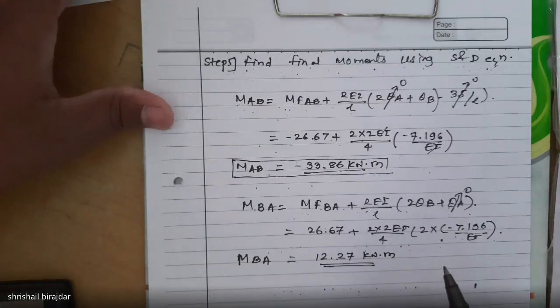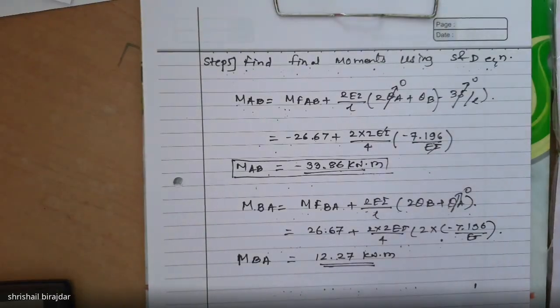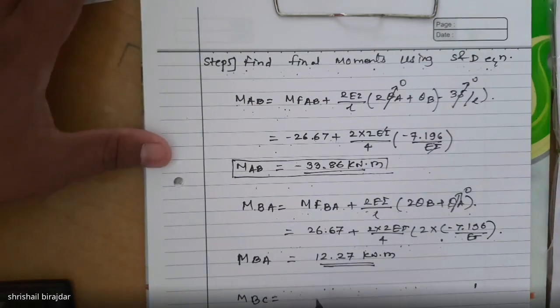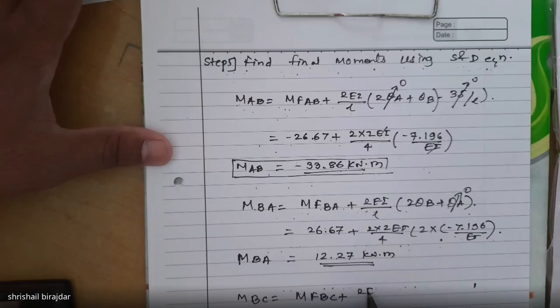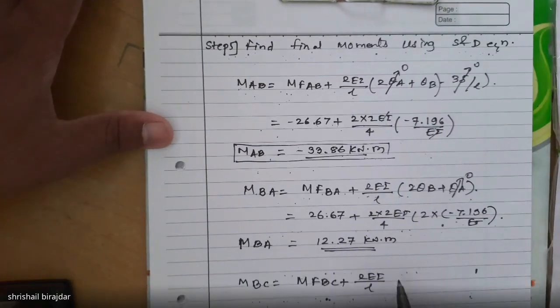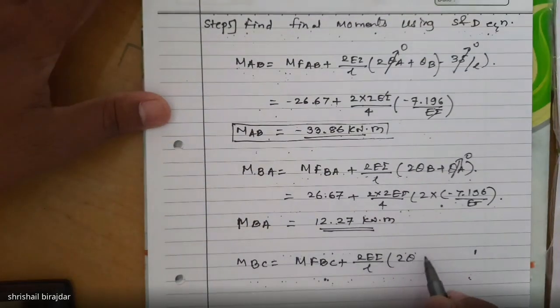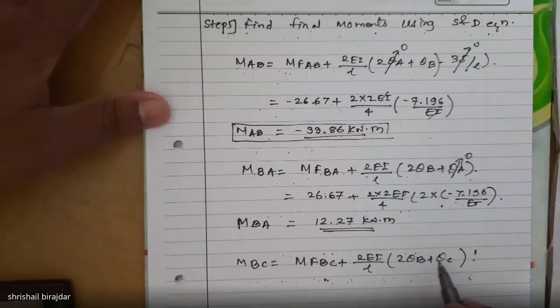Then find out the moment exerted, MBC, using the same equation: MFBC plus 2EI divided by L into bracket 2 theta B plus theta C. Here theta B and theta C we have already worked out.